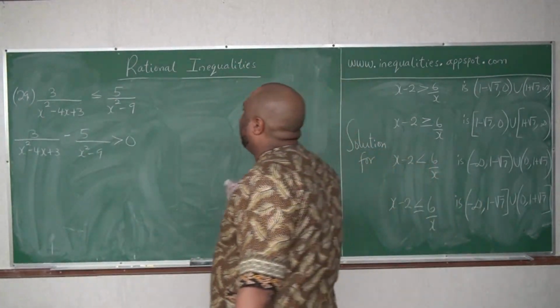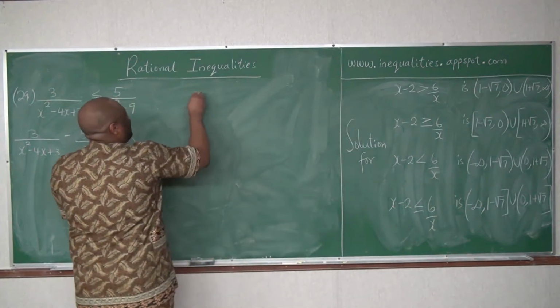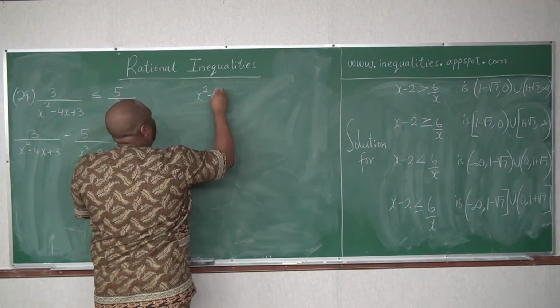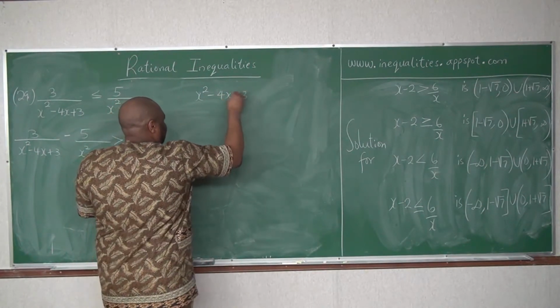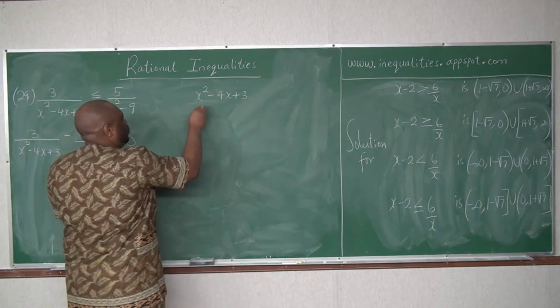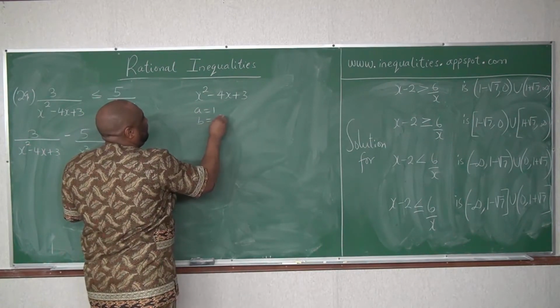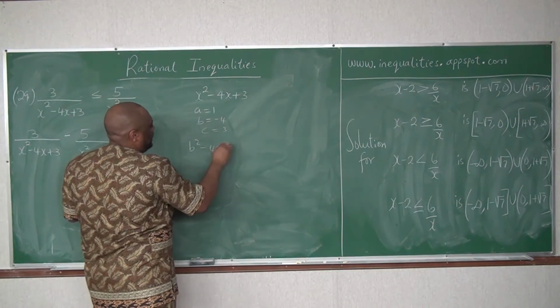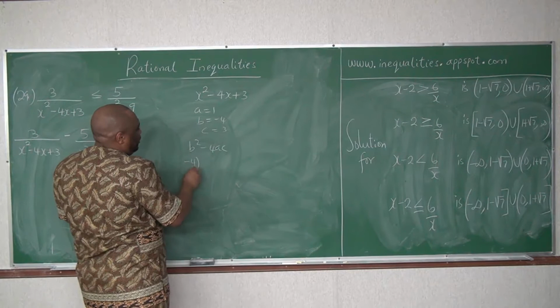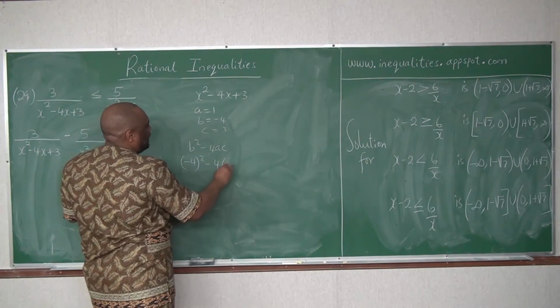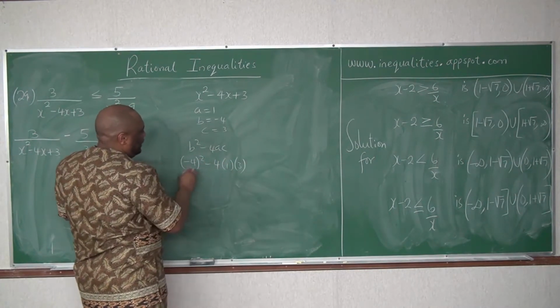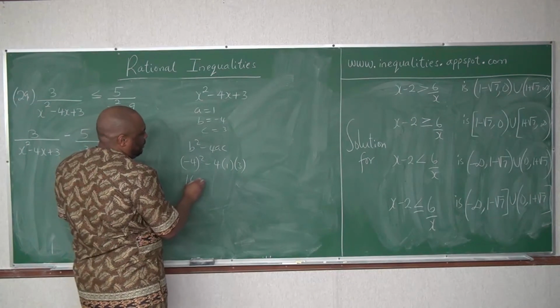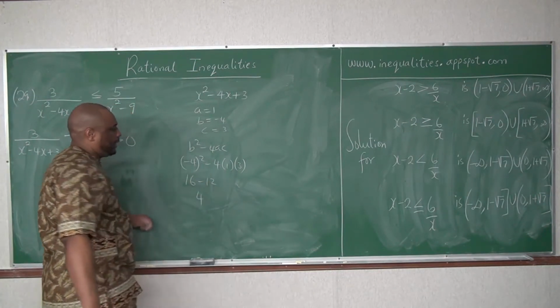So let's start with this. x squared minus 4x plus 3. A is 1, B is negative 4, C is 3. So b squared minus 4ac: negative 4 all squared minus 4 times 1 times 3. 16 minus 12 is 4.